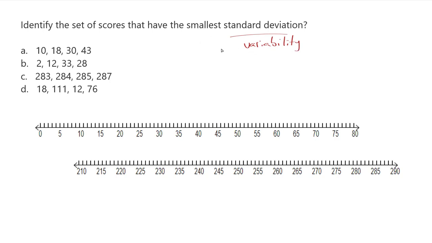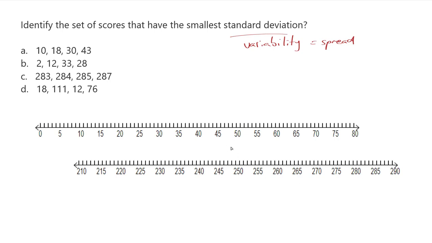And so we're going to look for the smallest amount of variability, or whichever set of numbers shows the least variation. You can think about variation as being equal to spread, how spread out the numbers are. So that's why I wanted to visualize this on a number line.